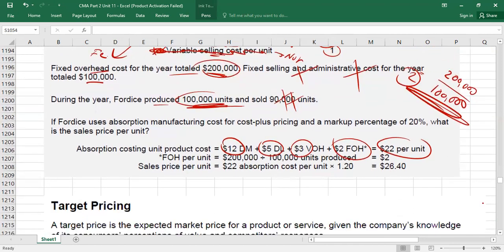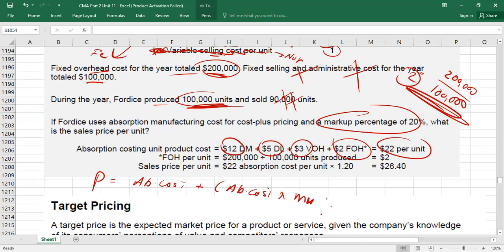Let's assume you want to take 20% profit, let's assume your markup percentage is 20%, so how would be your price? So price should be equal to absorption cost plus absorption cost multiplied by markup percentage. So absorption cost is $22, we calculated here. Now plus $22 into 20%.